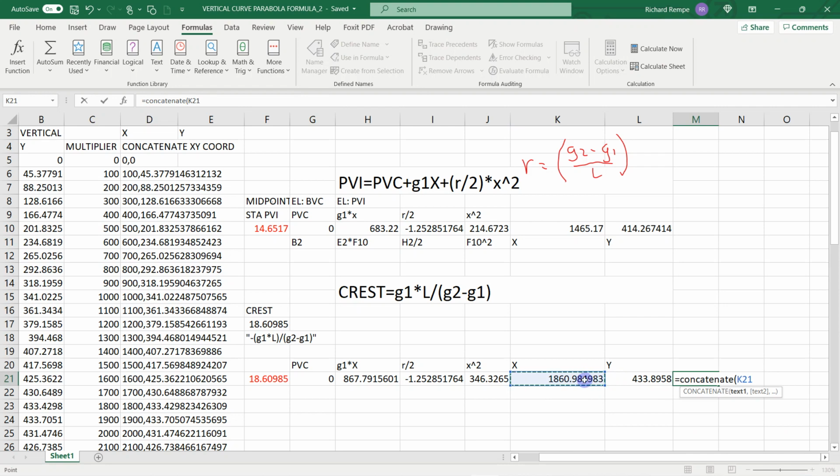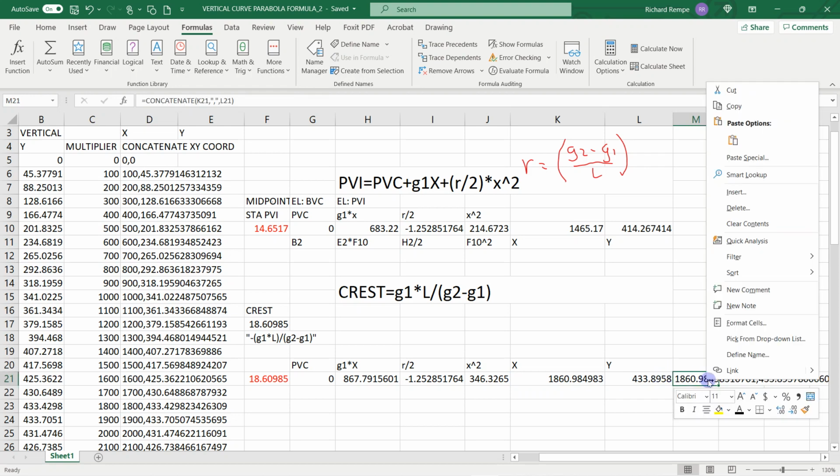This cell, comma, open parenthesis, open quote, comma, close quote, comma, and then there, and then close parenthesis, enter. That'll give us that. And then copy.